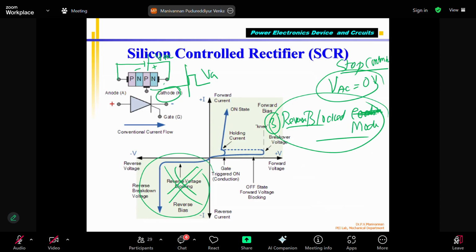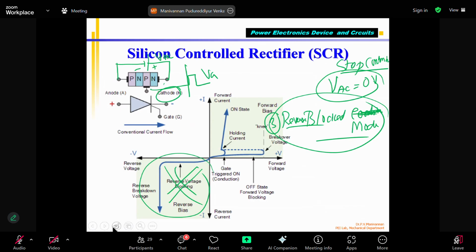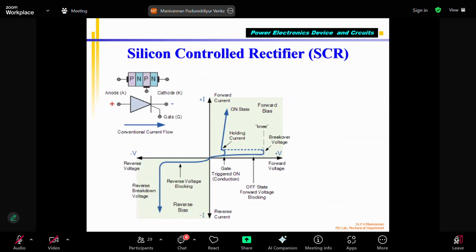Next, we are going to see the same figure I showed previously, for a particular SCR. For this SCR, I said the forward breakdown voltage is 40 volts. Once VAC equals 40 volts, which I call the breakdown voltage, as I increase the voltage 0, 35, 40, even without a gate pulse, with VG at 0, IAC will still flow.